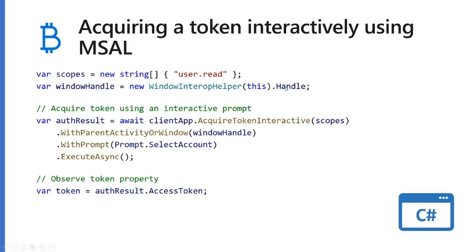This is a handle for the window. And then once you have the auth result, which will give you if it's a success or failure, and other results such as user scope and policy, then you can simply have authResult.AccessToken.